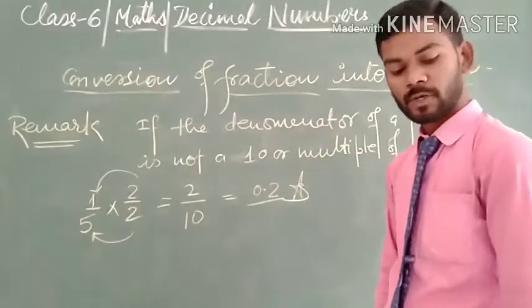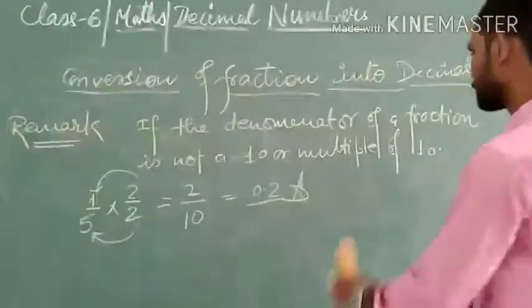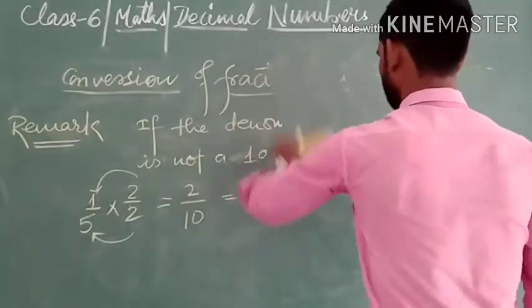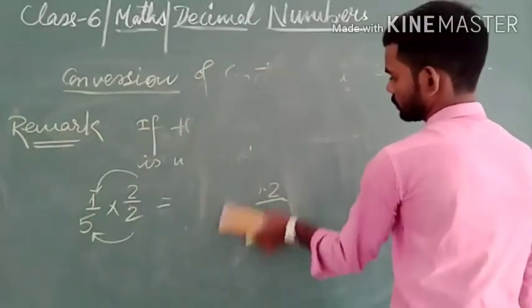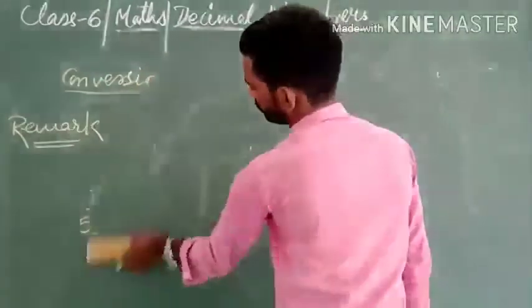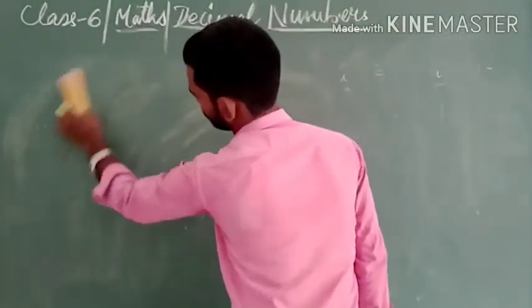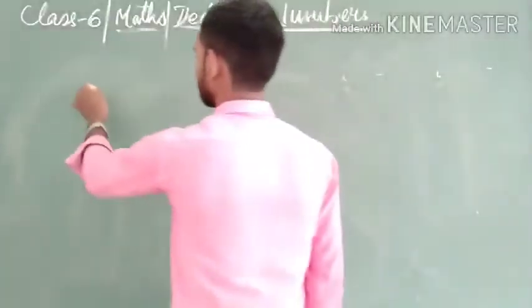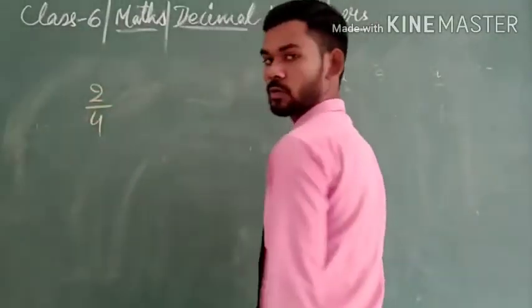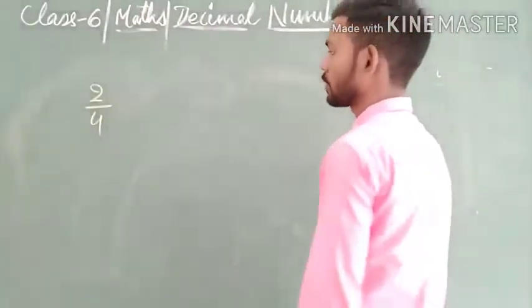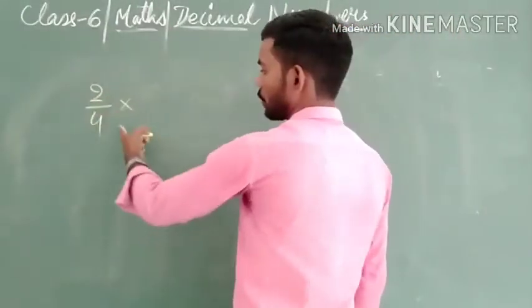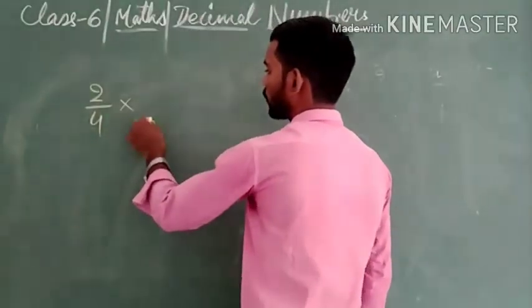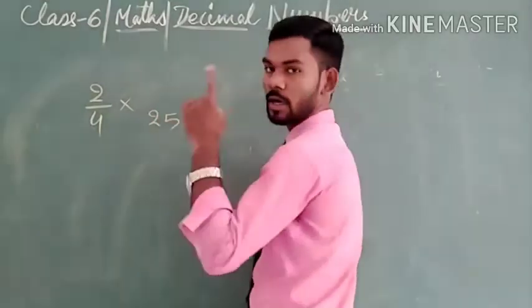Now let us see one more question. Upon 4, and we have to convert it into the decimal. We know that when we multiply 4 by 25 we get 100.